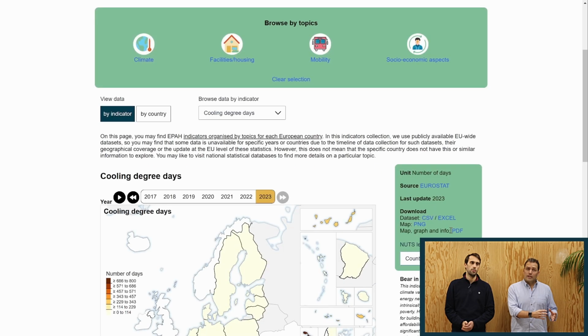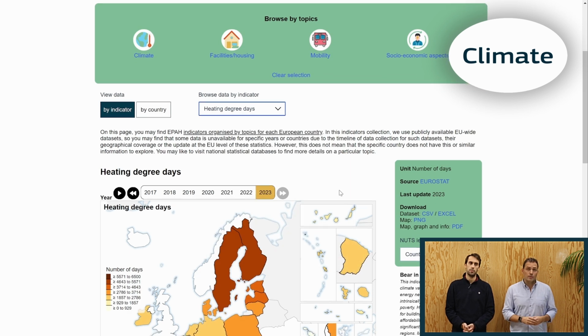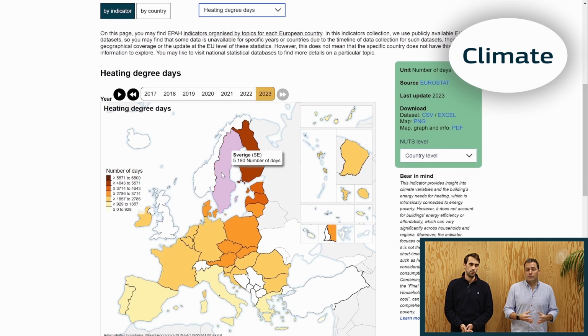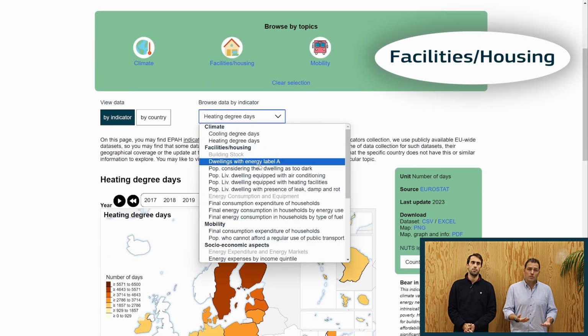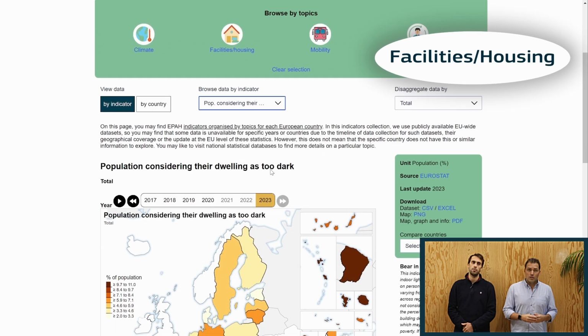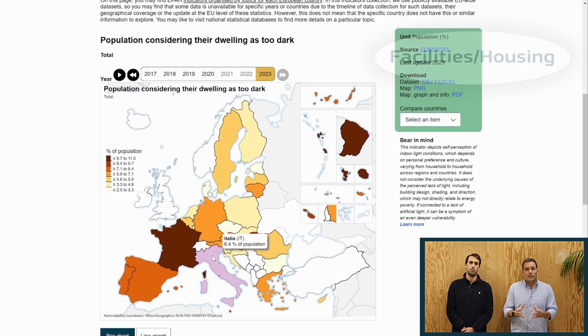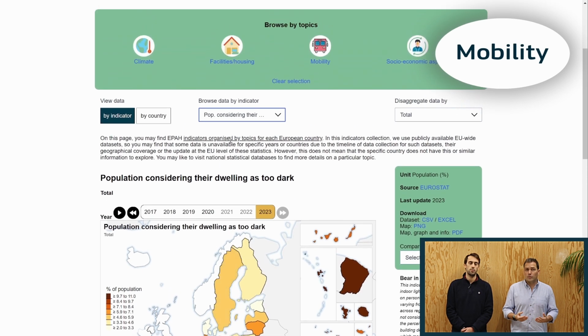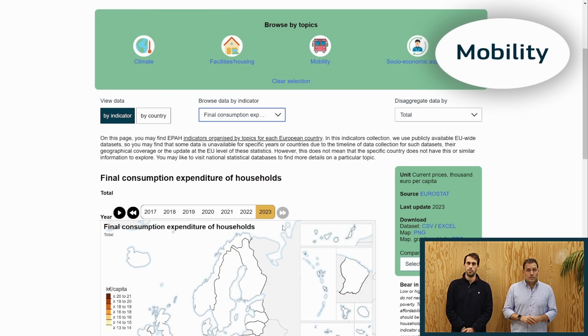We have now indicators related to climate. So heating degree days, cooling degree days, for example. We have indicators that are really relevant for energy poverty on energy consumption and facility, so around the building stock, around the type of equipment being used. Then we have another main topic, which is transportation. So we try to bring expenditure related to transportation and other indicators for that.